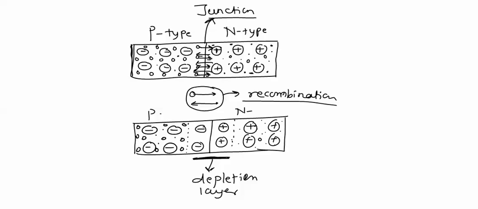In the depletion layer, there are positive ions on the N side and negative ions on the P side. So there will be a potential difference between either side of the depletion layer, and this potential difference is represented by V naught.